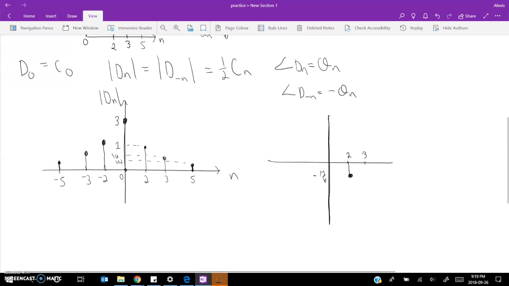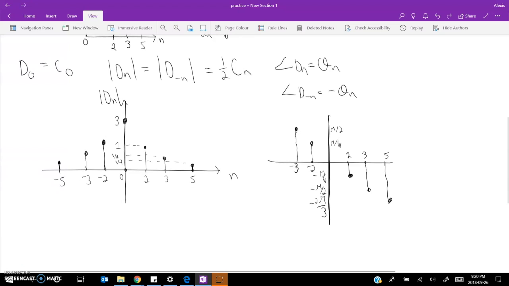At 3, we would obtain a value of negative pi over 2. And at 5, we would obtain a value of negative 2 pi over 3. And on our negative axis, at negative 2, we would obtain a value of pi over 6. At negative 3, we would obtain a value of pi over 2.